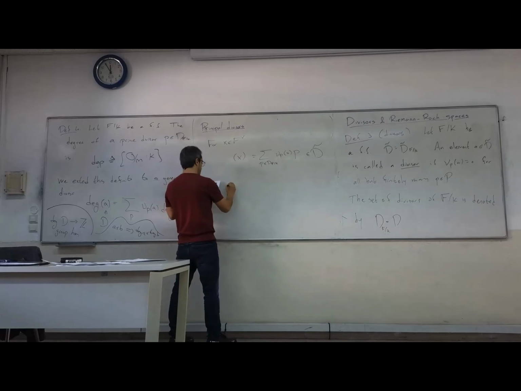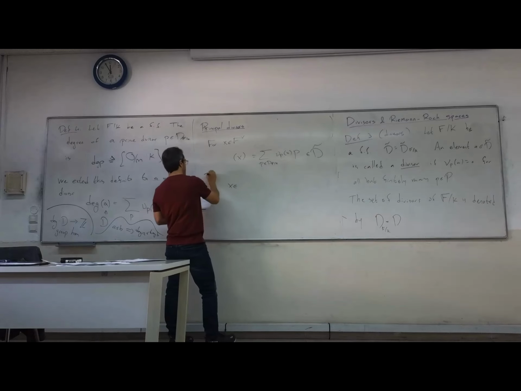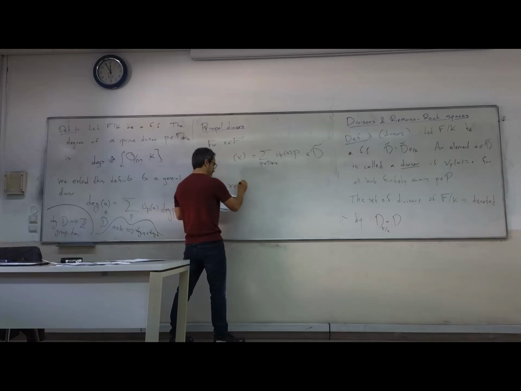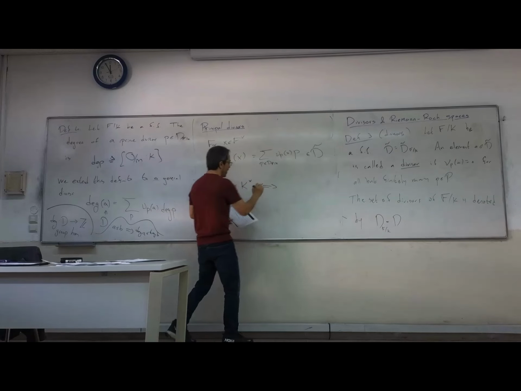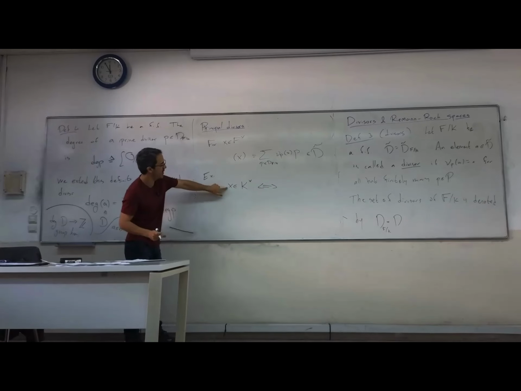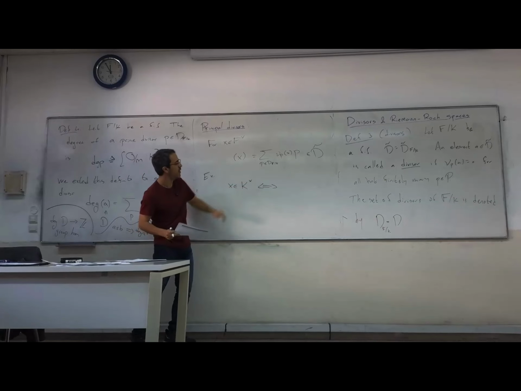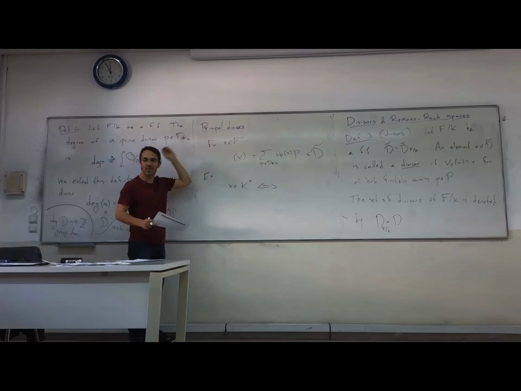And just for fun, an exercise for us to do now, like a 10 second exercise. How can you express the fact that x is in K, well, that it's not 0, in terms of the principal divisor?